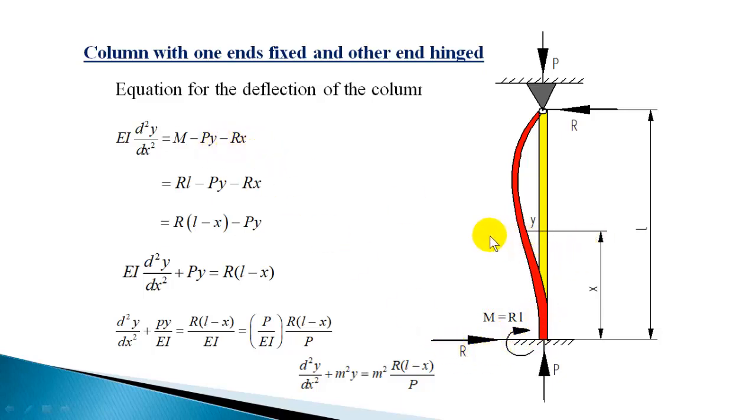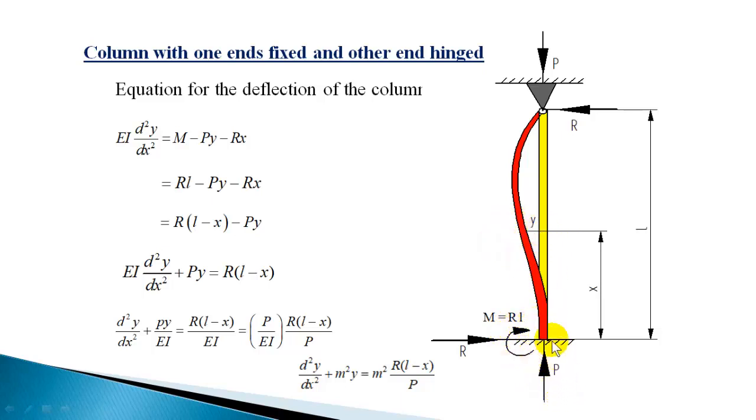Now let us write the differential equation for the deflected curve. EI d square y by dx square is equal to the total bending moment acting at that section. The bending moment at this section is plus M minus Py. P is producing an anti-clockwise moment, and M is clockwise moment.